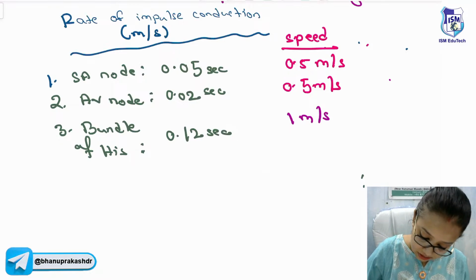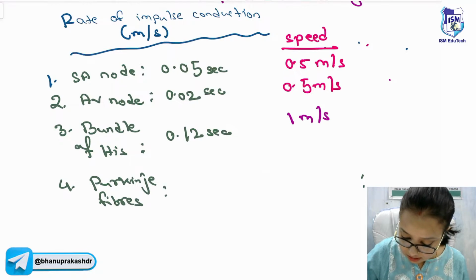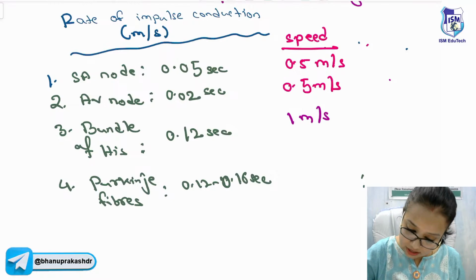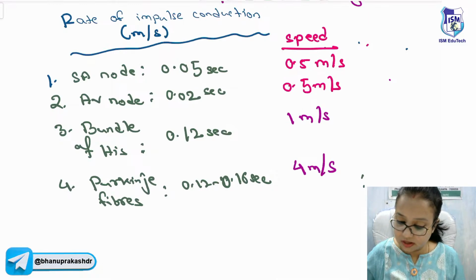The fourth structure is the Purkinje fibers. Again here the time is 0.12 to 0.16 second, and the speed here is the fastest. The speed of conduction is 4 meter per second.